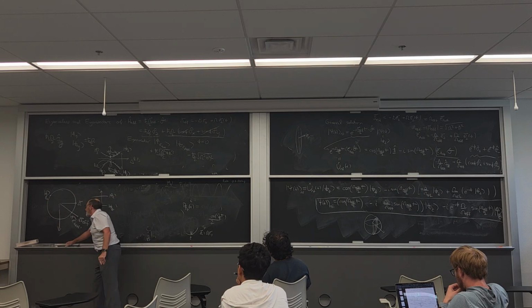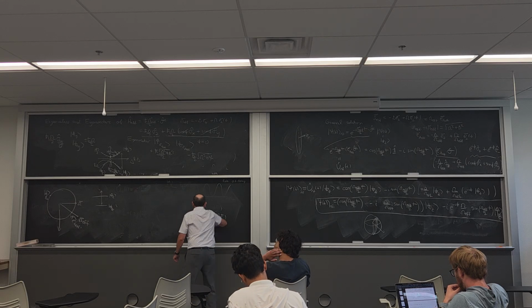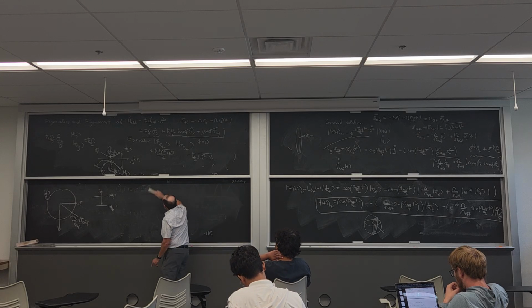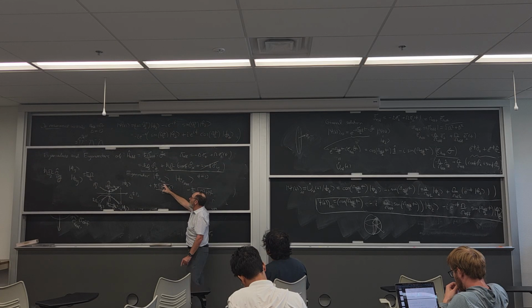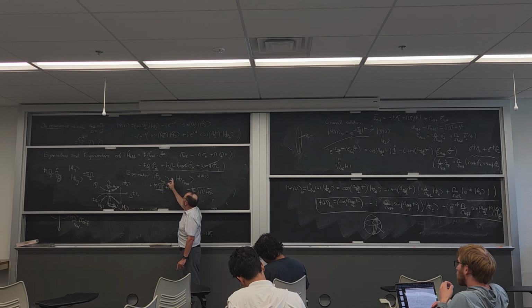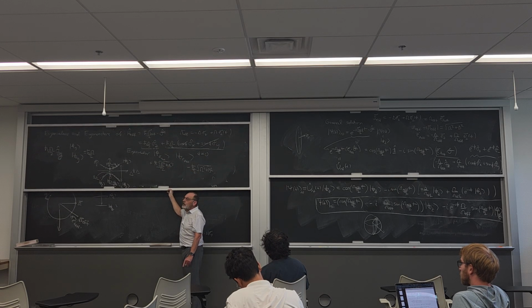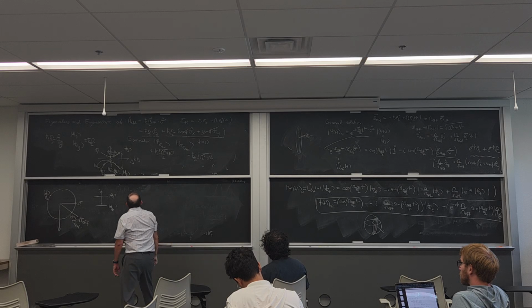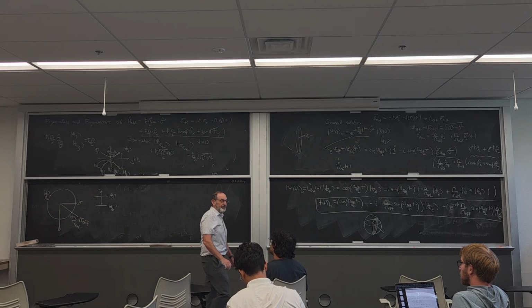Okay? Let me ask you now, what's the general solution to this problem? Even for an arbitrary phi, I want to know what the eigenvectors of the problem are when I have an arbitrary detuning and an arbitrary phase.